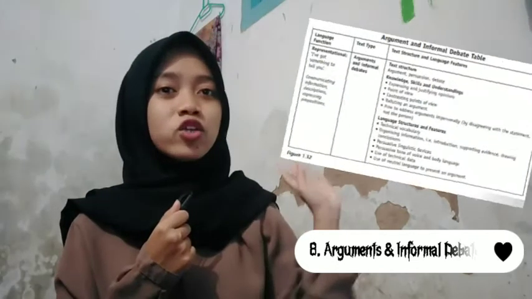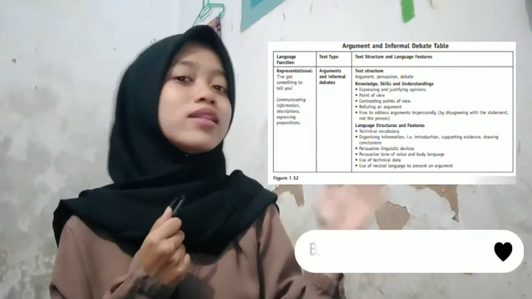Debates can be used for exploring issues and different points of view that arise from literature being studied, complex issues surrounding a science or social studies topic, or local concerns and current affairs. And this is the argument and informal debate table. And then we go to interest talks.